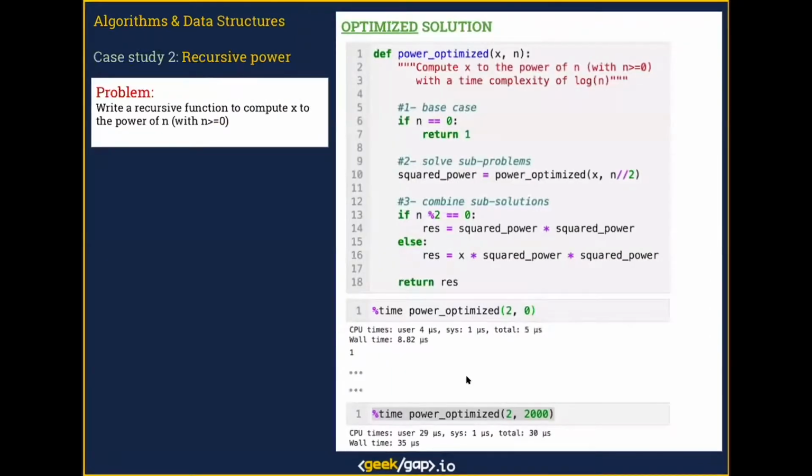Let's move to the optimized solution for this problem. Well, we saw that in the previous version, what we did in order to find the smaller problems was that power of x, n was defined as x times power of x, n minus 1.